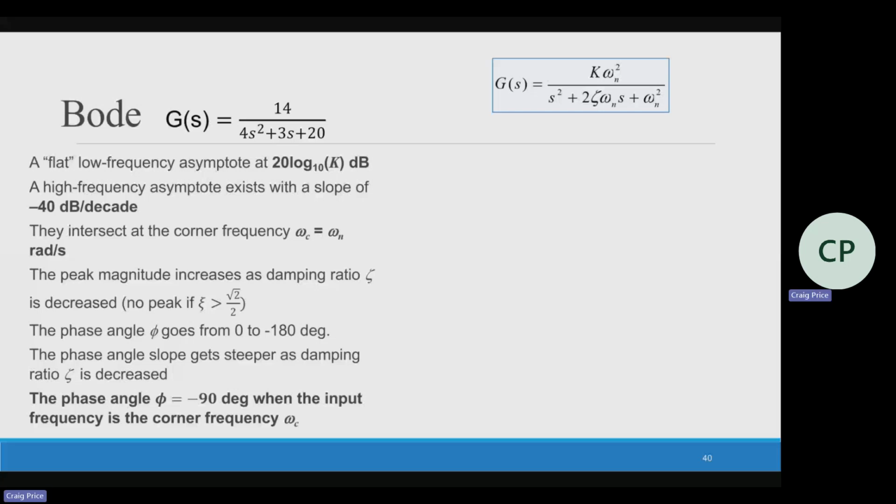So first put it in standard form. We want to find K, we want to find natural frequency, and find damping ratio.